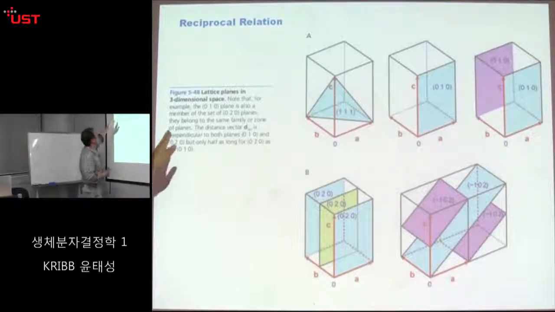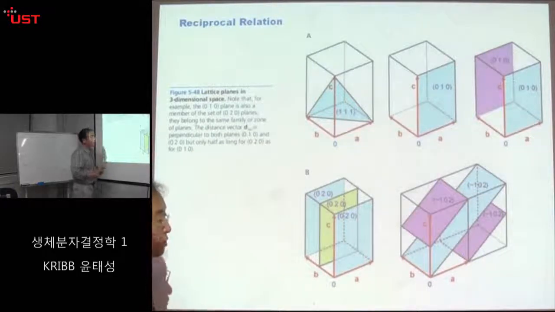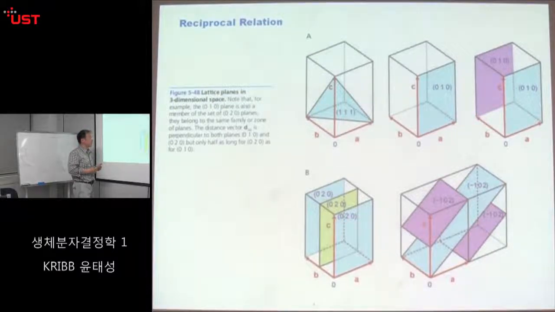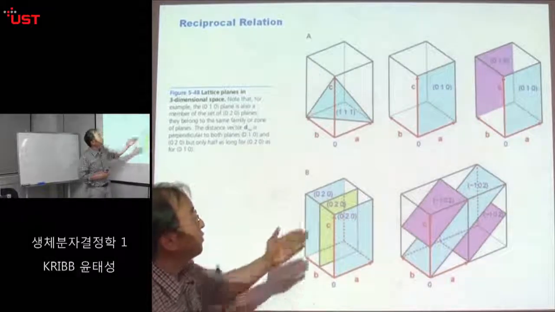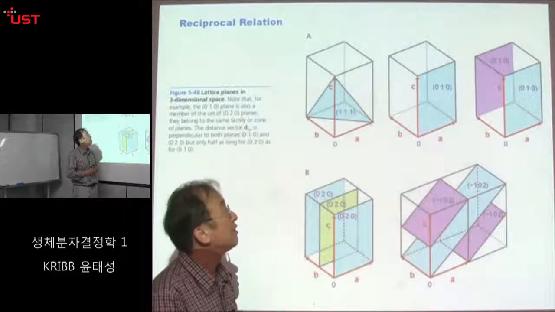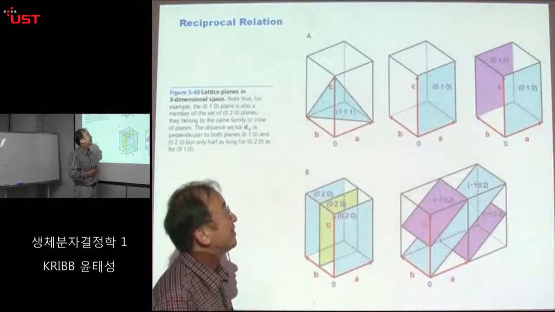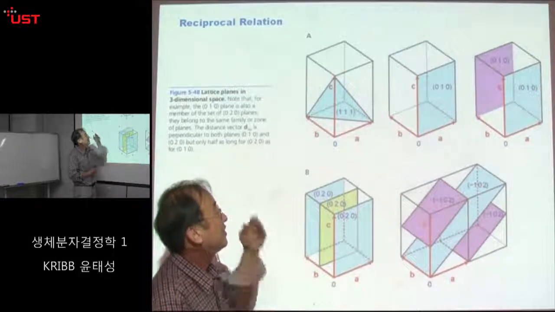This is kind of extra now. Here, figure 5.48, lattice planes in 3-dimensional space. So we will talk about how a plane can be defined. Anyway, this is a plane. So what do you find here? This is another plane. H is 0 and K is 1 and L is 0.